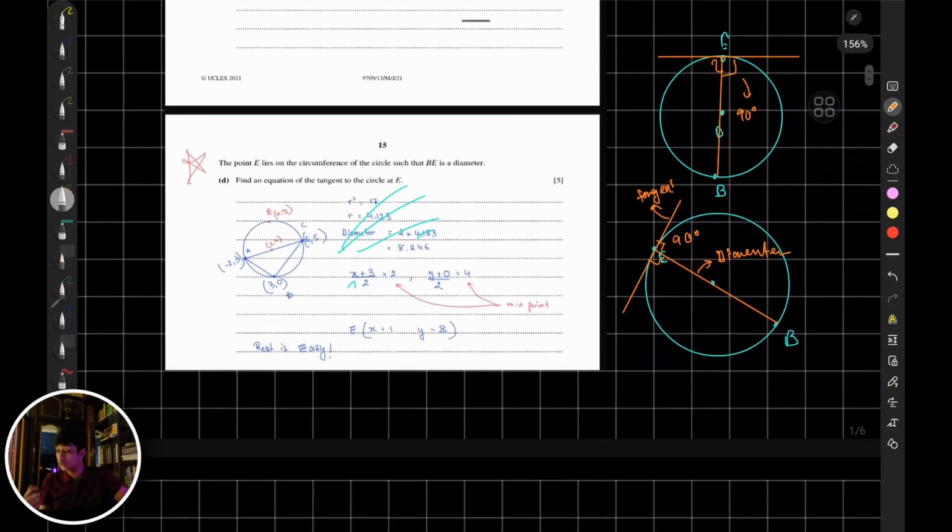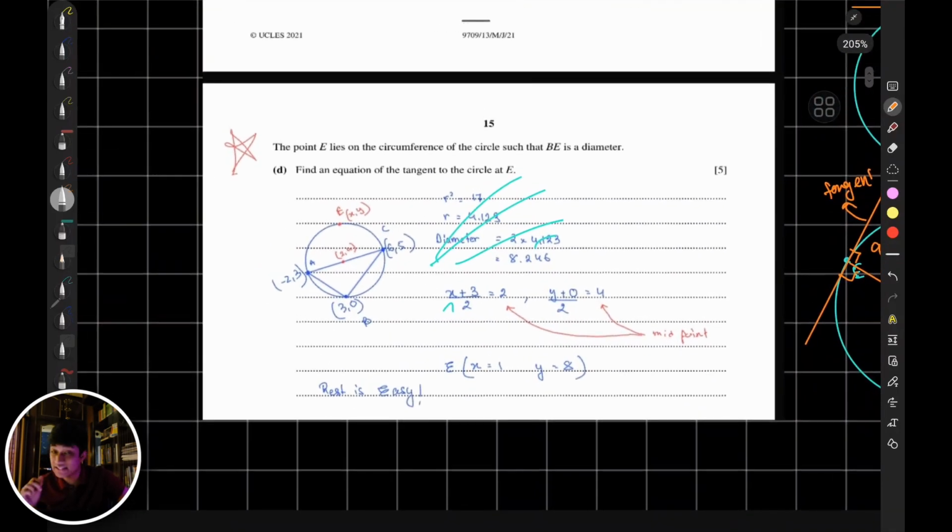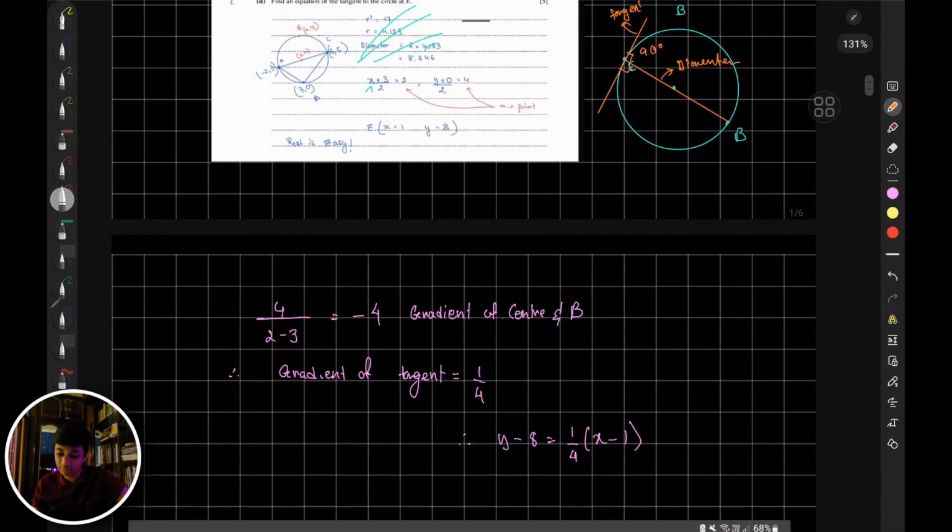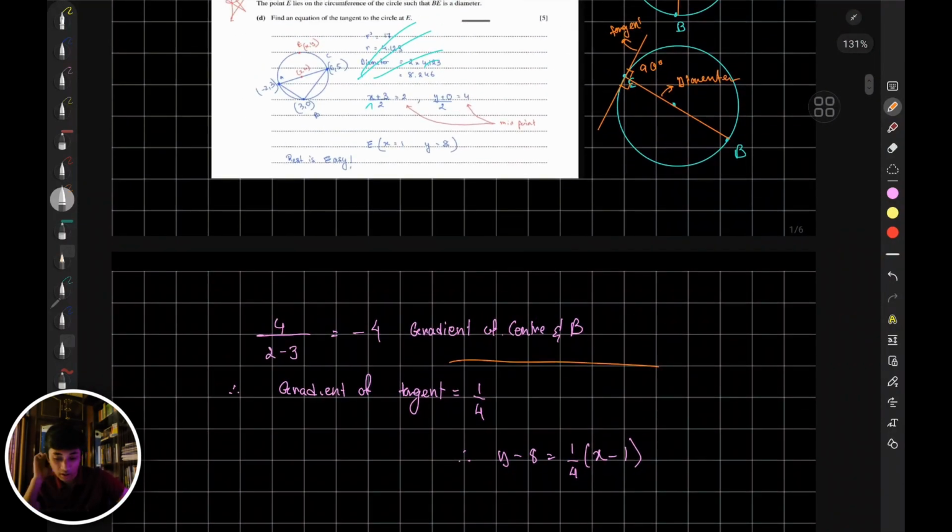What do you know? You know both of them are perpendicular. You know the gradient of BD, which you can figure out. So you basically find out the gradient of BD, which is going to be 4 minus 0 by 2 minus 3, which is going to be -4. That is your gradient for BD, this line.